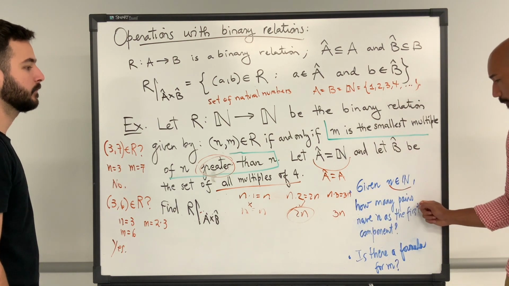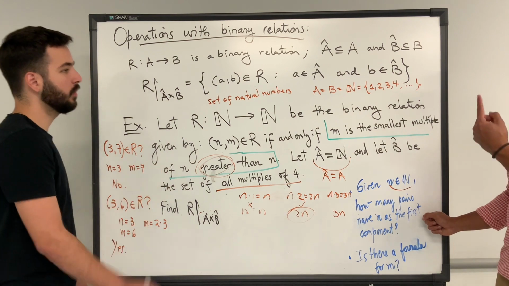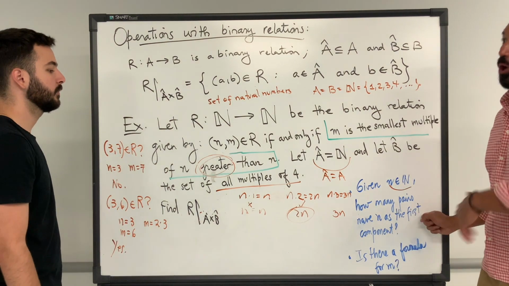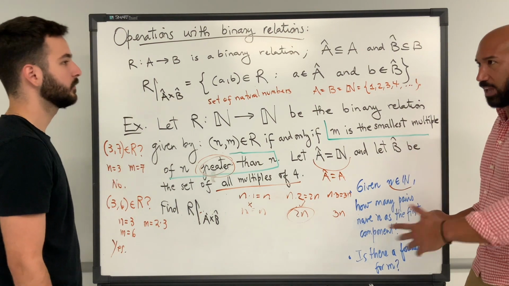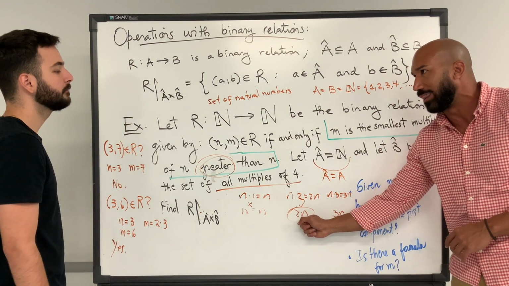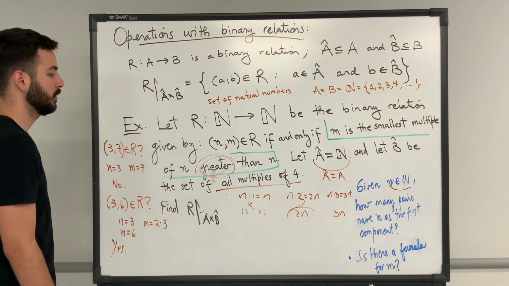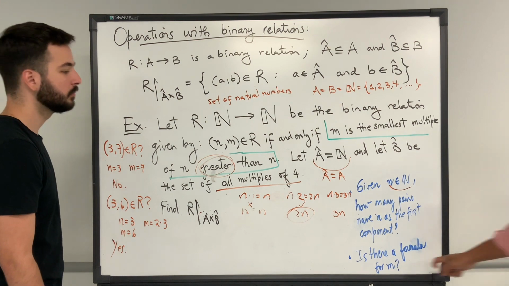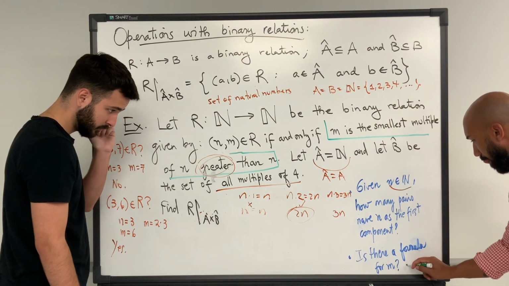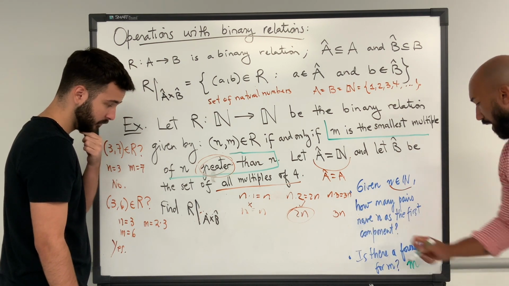So in how many pairs is n going to appear as the first component? Exactly 1. Yes or no? And what is going to be the second component of that pair? The smallest multiple of n greater than n. That multiple is going to be 2 times n. That means that 2 times n is the only second component that we have for that n.